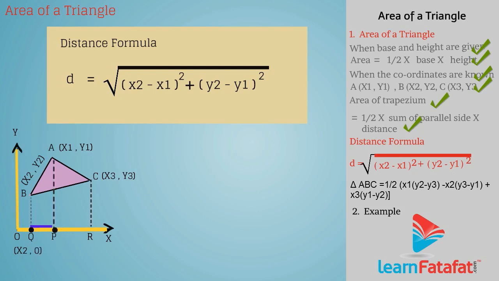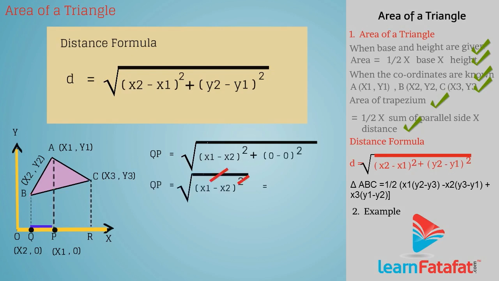For P, the x-coordinate is x1 and the y-coordinate is 0. So, distance QP is equal to square root of (x1 minus x2) squared plus (0 minus 0) squared. So, QP is equal to x1 minus x2.